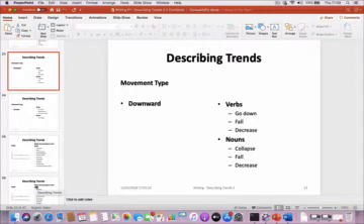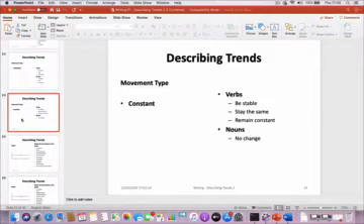Some verbs include go down, fall, or decrease. Nouns include collapse, fall, and decrease. Constant movement, meaning it remains steady, it doesn't change. Verbs can include to be stable, to stay the same, to remain constant. A noun could be there was no change.